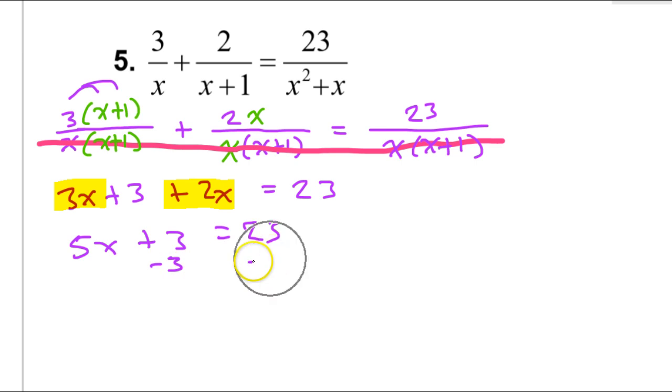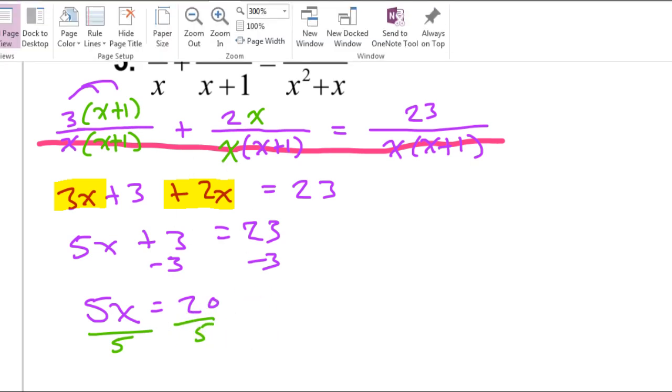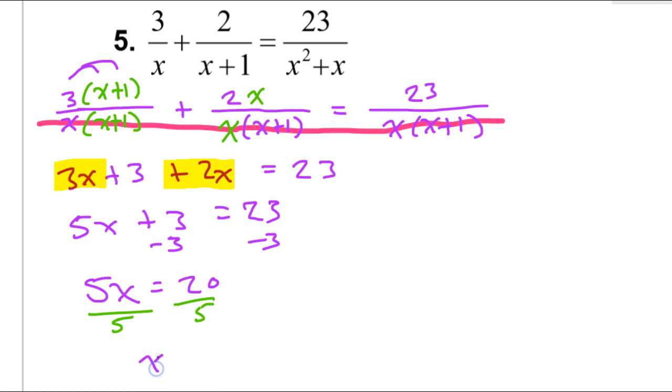If I subtract 3 from both sides, I get 5x is equal to 20. But then I could divide both sides by 5. And that would give me x equals 4.